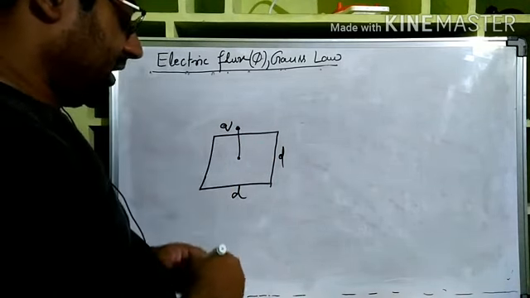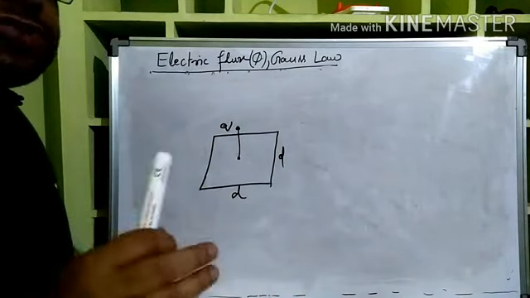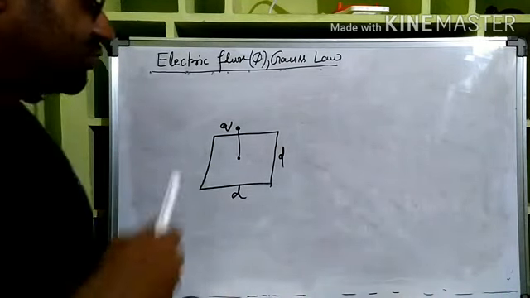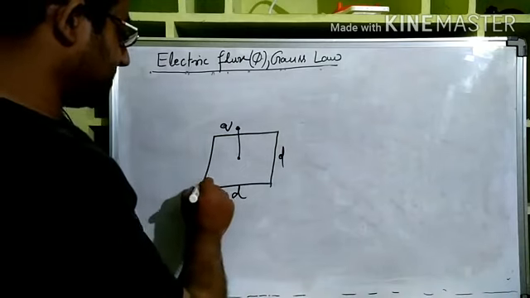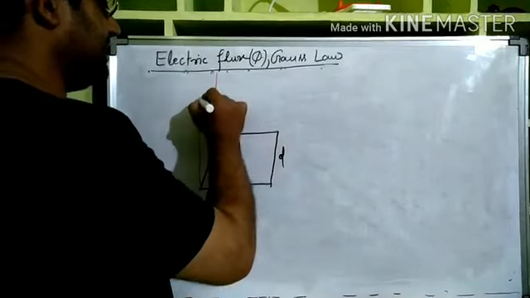Now see, it's a square, but Gauss law is always talking of a closed surface. Is the square a closed surface? You imagine a cube with the side d.